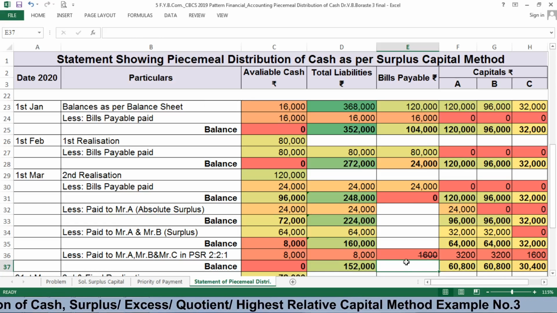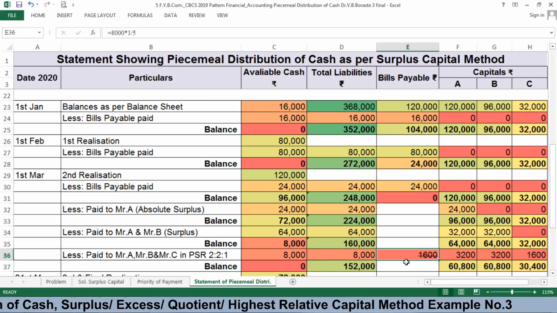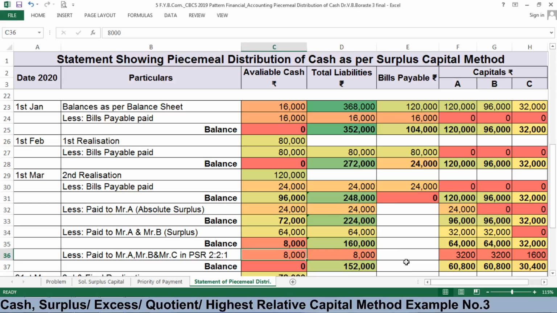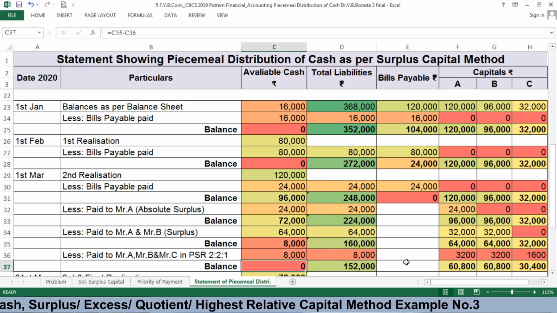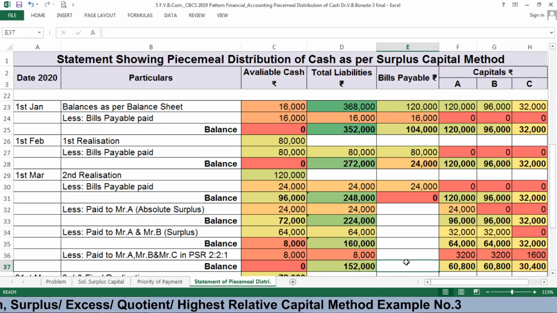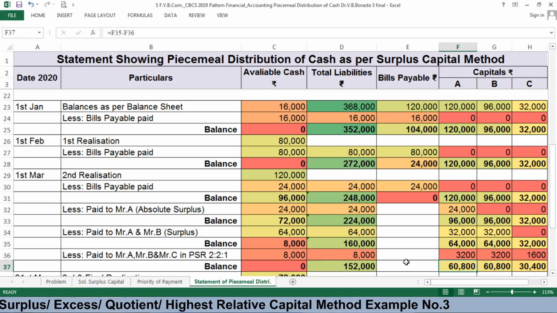So Mr. C will get rupees 1,600. After the payment of 8,000, cash in hand is 0. Total liability is still 1,52,000, and bills payable is already paid. A's capital is 60,800, B's capital is the same, and C's capital is 30,400.